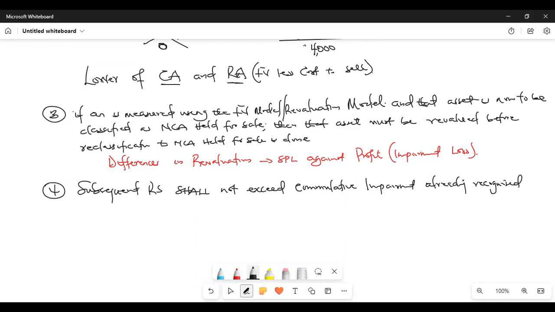So basically, these are the 4 key things you must know.